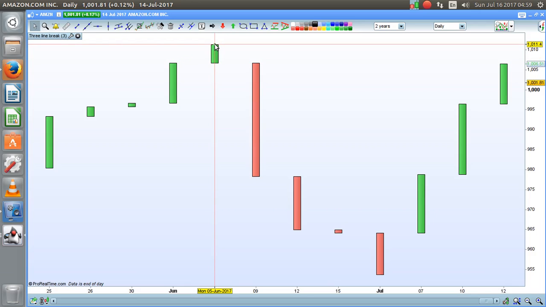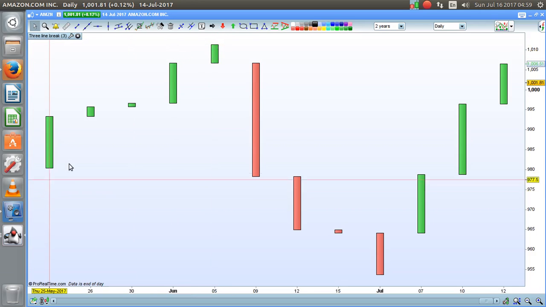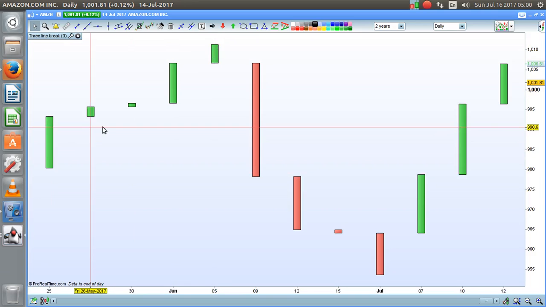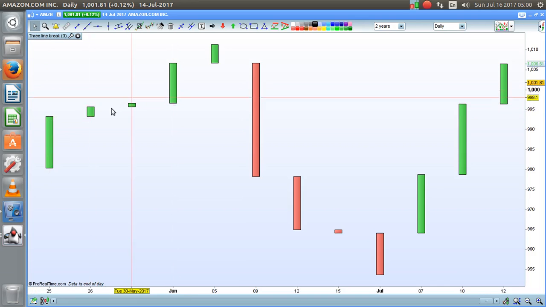Now we just continue drawing a line every time the price closes above the previous close, regardless of how many days ago that was. That's why you draw the continuous lines. So you're really not taking into account the time in particular.